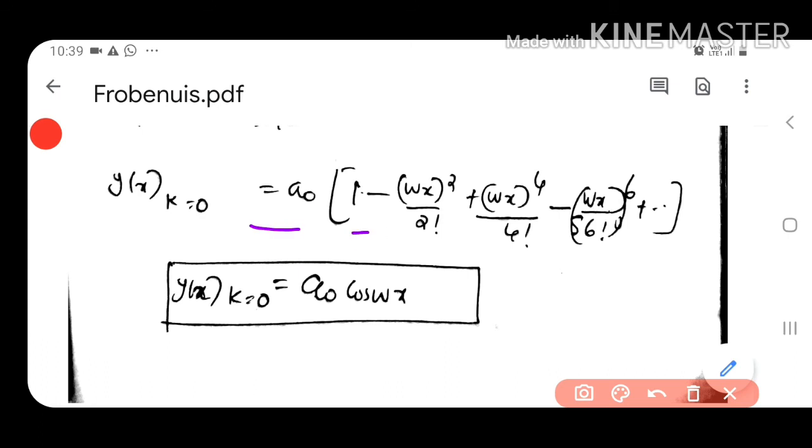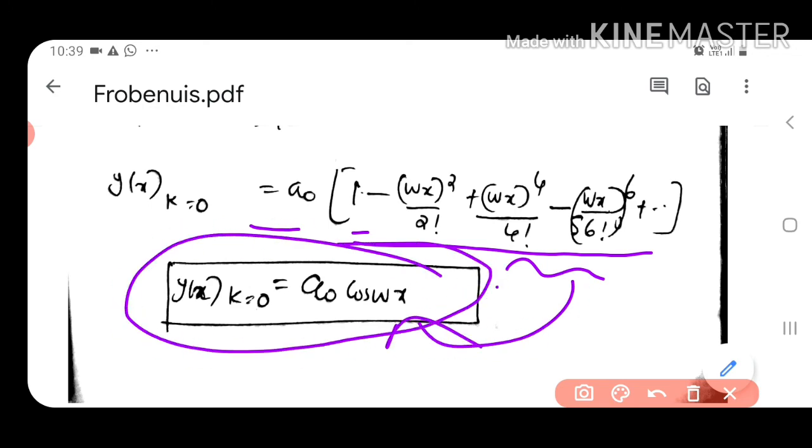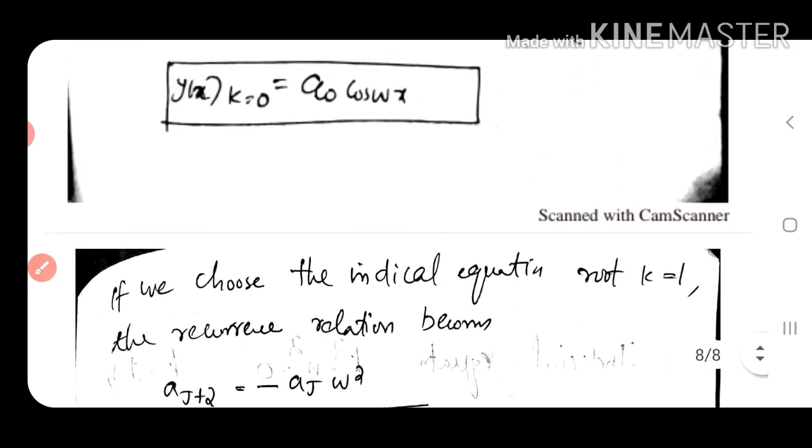Such a series solution we obtain. All these a3, a5, a7 are 0. And this is actually cos omega x. So y of x is a0 cos omega x.